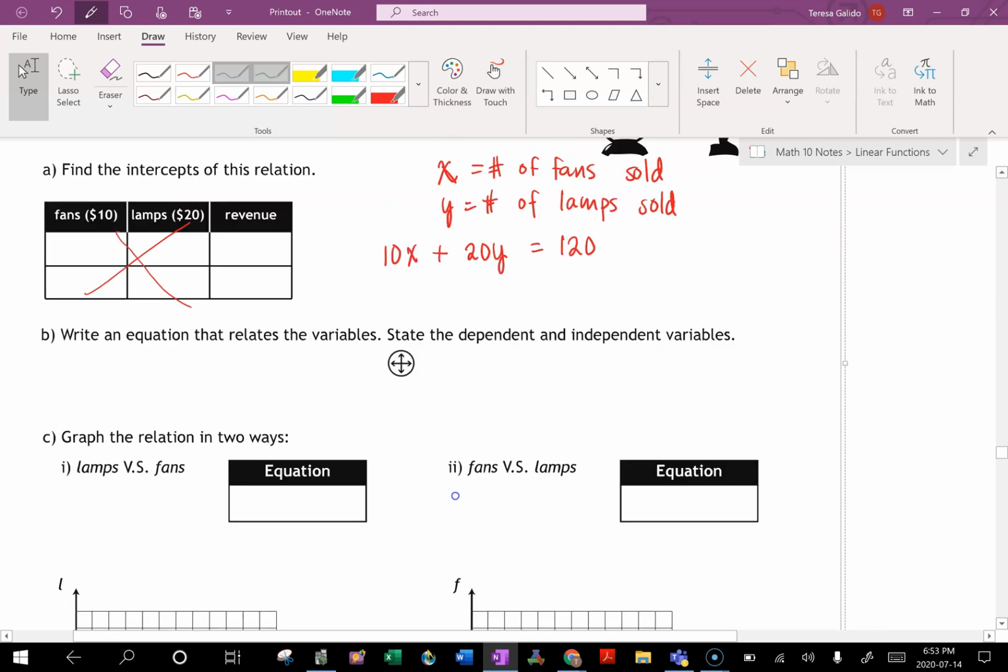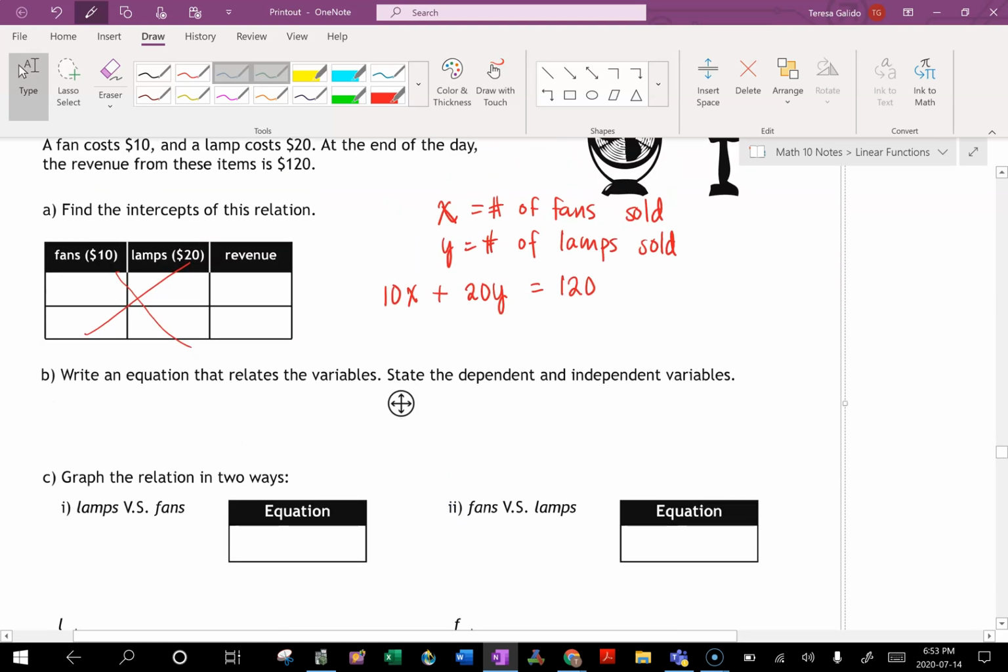So how do we graph this equation? We can actually graph this equation using the x and the y intercept. So if we graph this equation, 10x plus 20y equal to 120, then we can say that if x is equal to 0, this is your y-intercept.